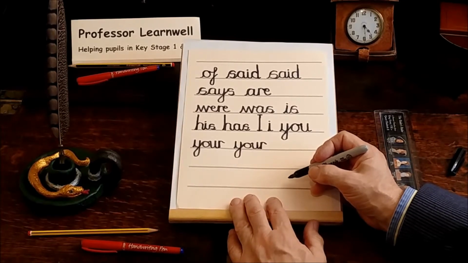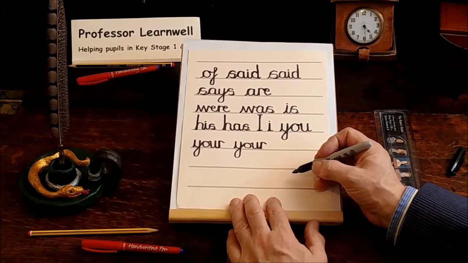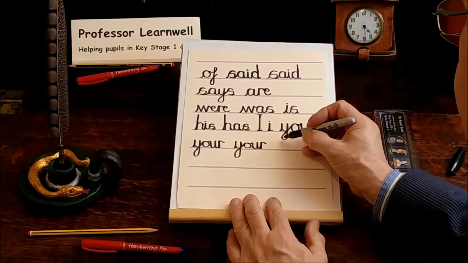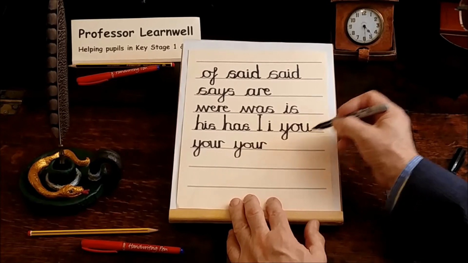Our next word that we're going to look at is the word they. For example, they are going to school. I'm going to try and avoid that Y, so we'll start at this point here.